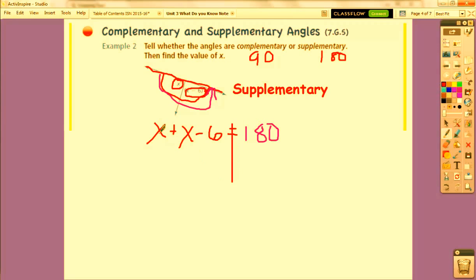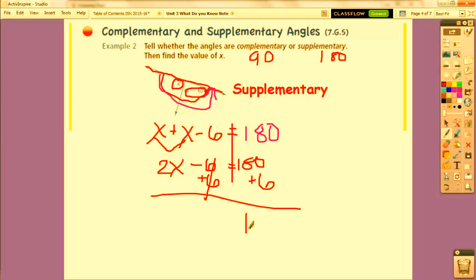Now we'll go ahead and solve for x. First I need to combine like terms. So x plus x is 2x. Bring down minus 6 equals 180. Add 6 to both sides. So I have 186 equals 2x. Divide by 2.